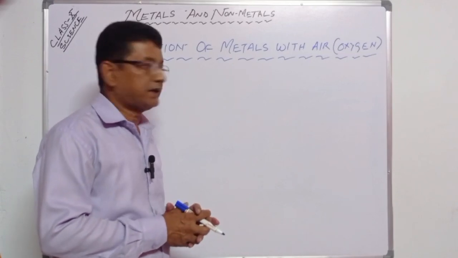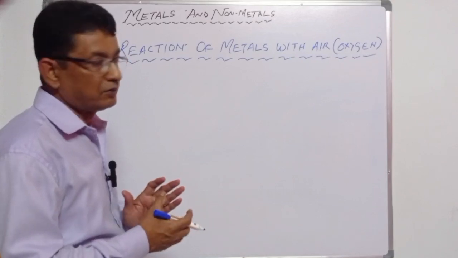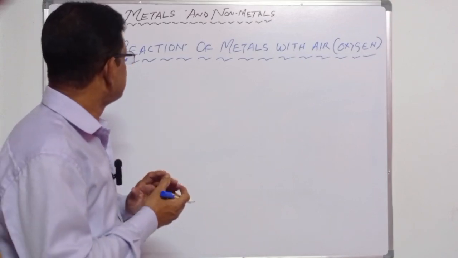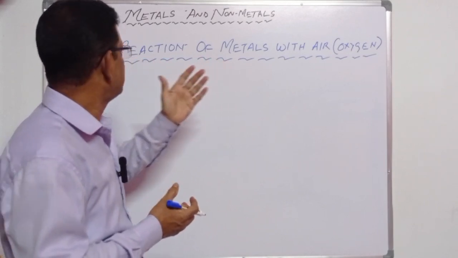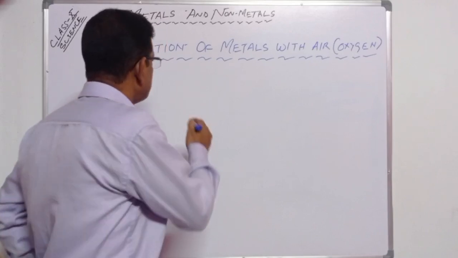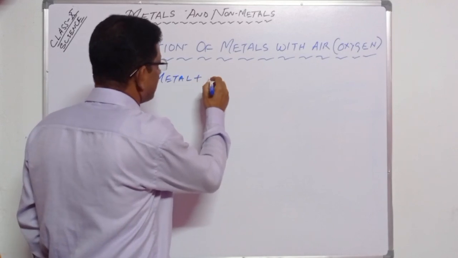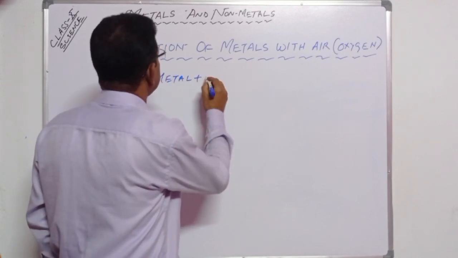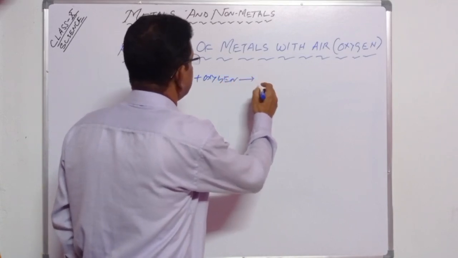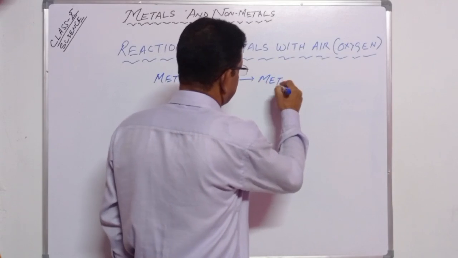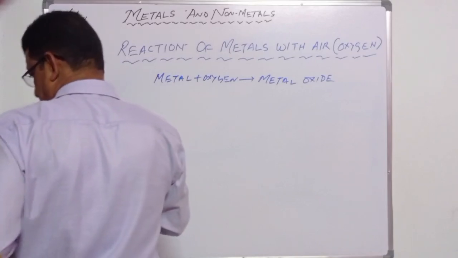Next is how metals react with air, water and acid. First one is the reaction of metals with air. So when metal reacts with air, that is with oxygen, it produces metal oxide.